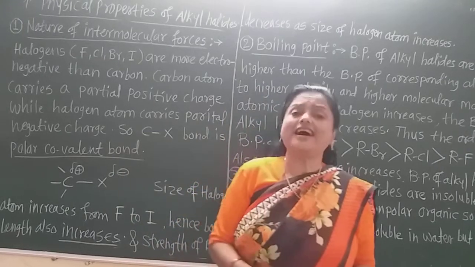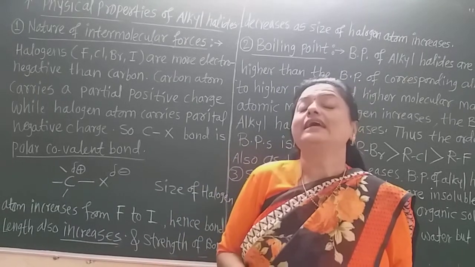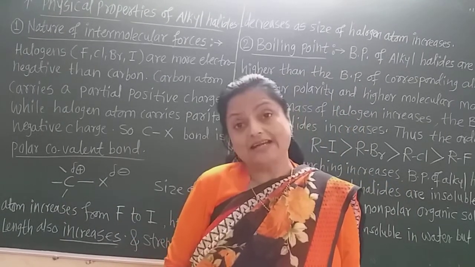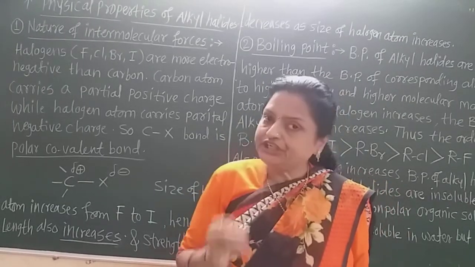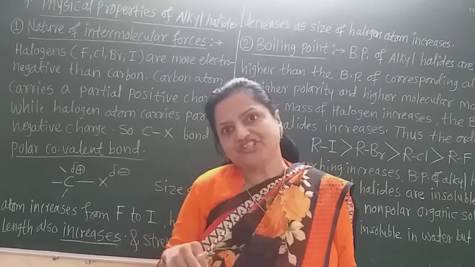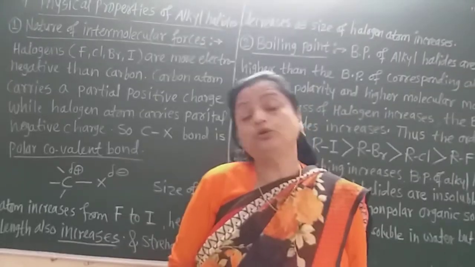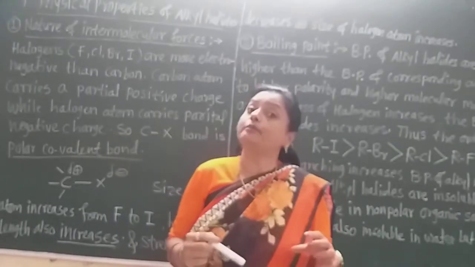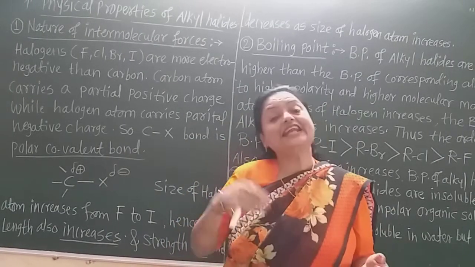Now, alkyl halides are polar molecules. What is meant by polar? In the 11th standard I already taught about that. A polar molecule always has a partially positively charged atom and a partially negatively charged atom. Due to the partial separation of charges, two different poles are formed, the positive pole and the negative pole.